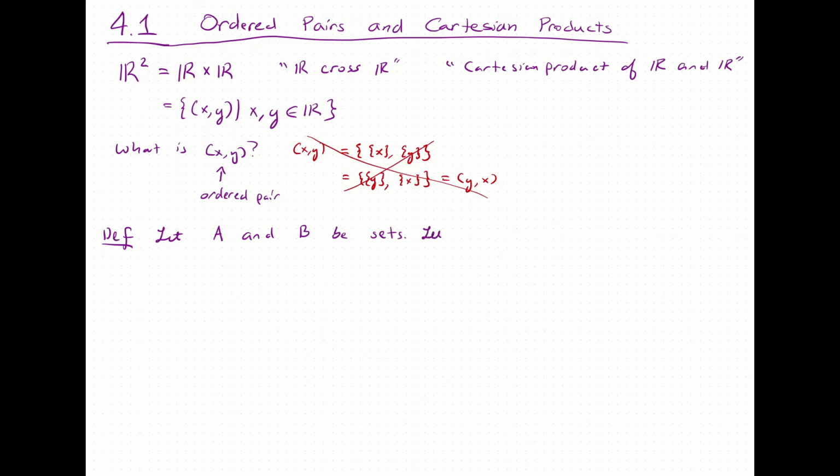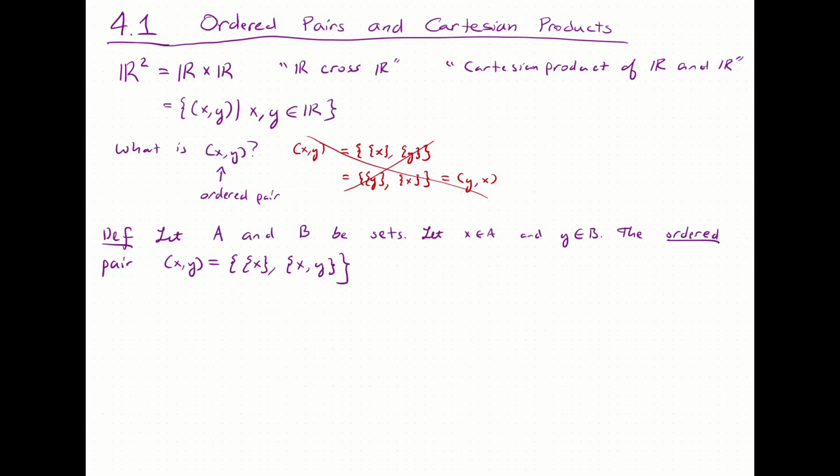Now let x be in A and y be in B. The ordered pair x comma y is equal to the set containing the set containing x, and the set containing x comma y. And so that's our definition for what it means to be an ordered pair.